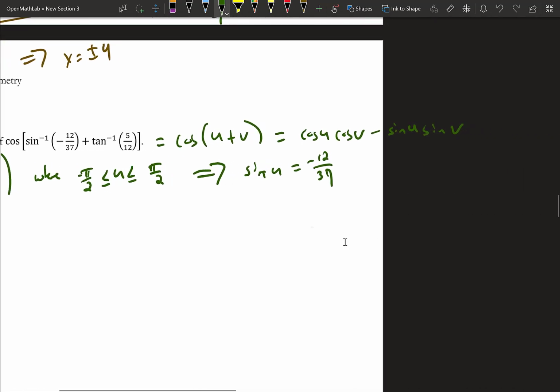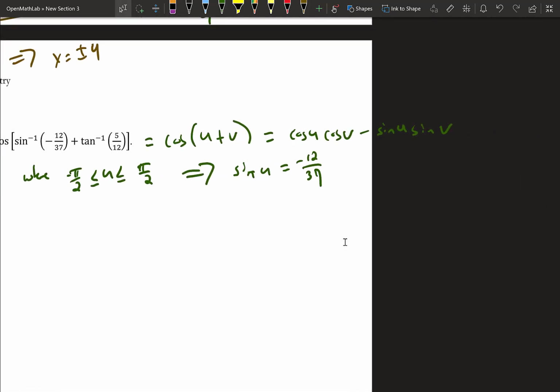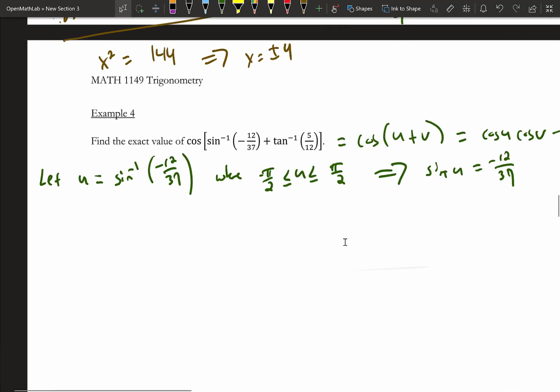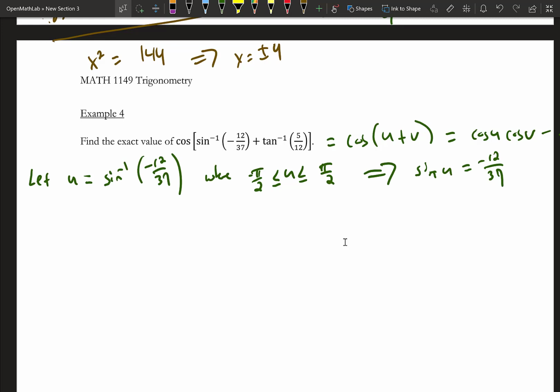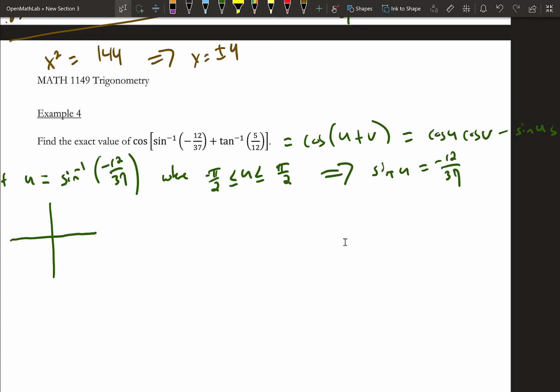So notice, I need to find sine of u, but I also need cosine of u, right? So kind of like before, what I need to do is draw a diagram. So if sine of u is negative 12 over 37, remember, inverse sine, we're going to be stuck in between negative pi over 2 and pi over 2, right?